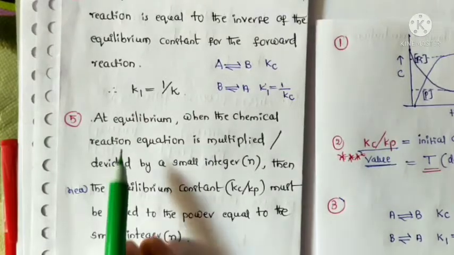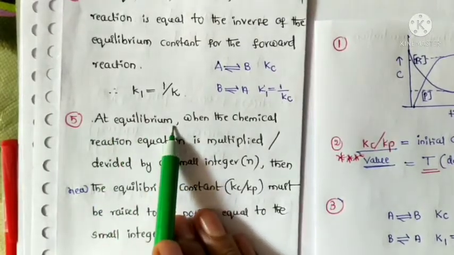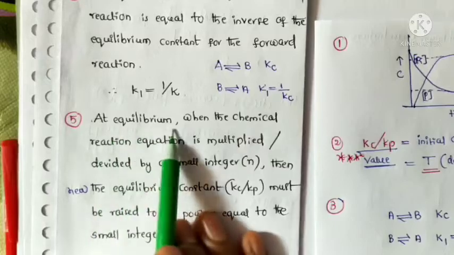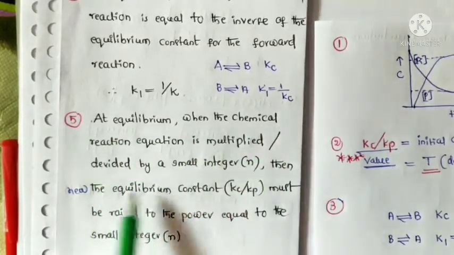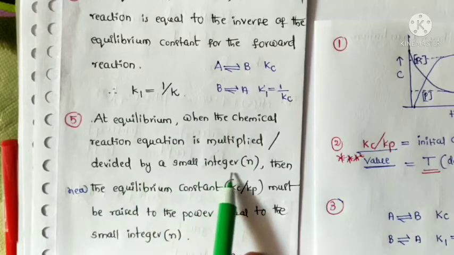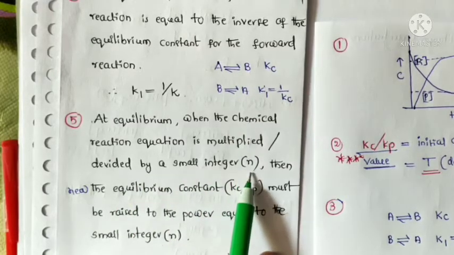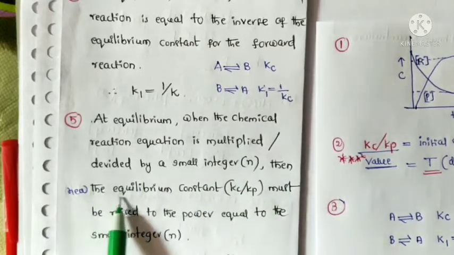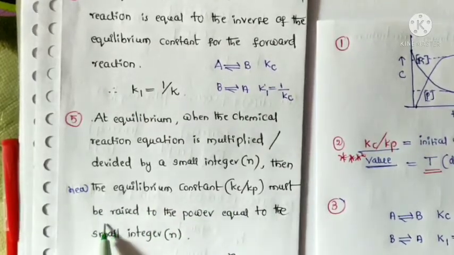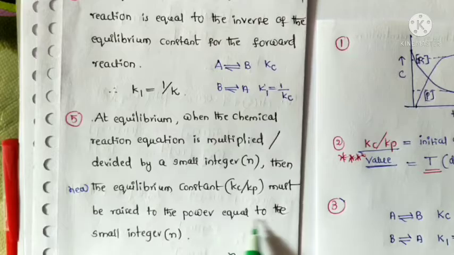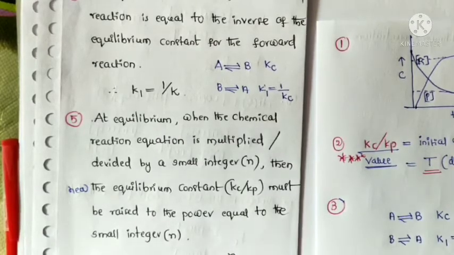So now, the next point: at equilibrium, when the chemical reaction equation is multiplied or divided by a small integer, n, then the new equilibrium constant must be raised to the power equal to the small integer.